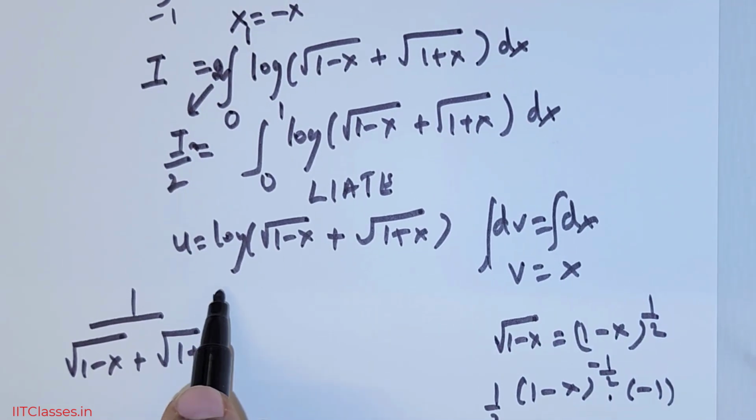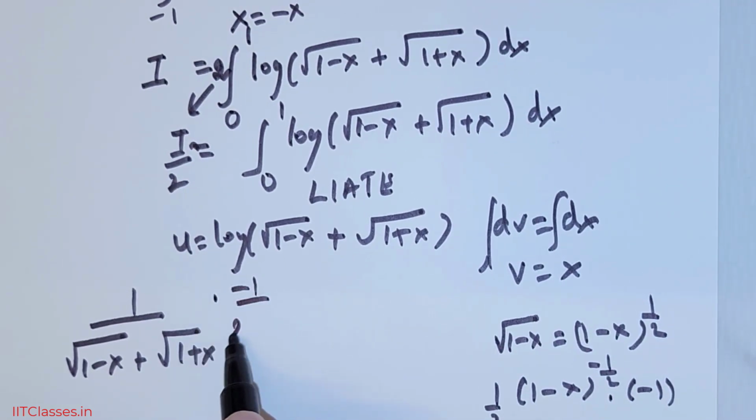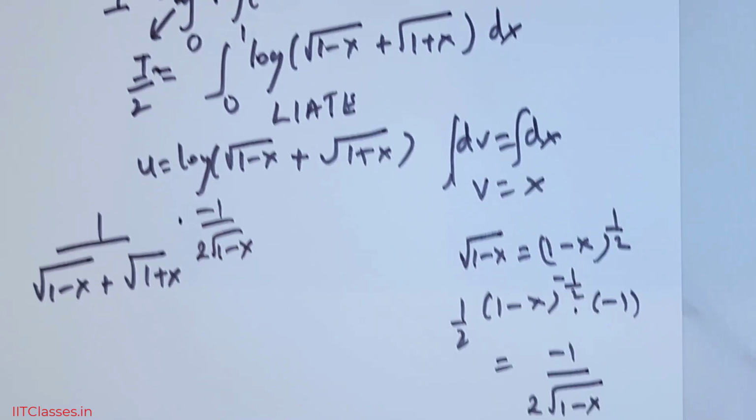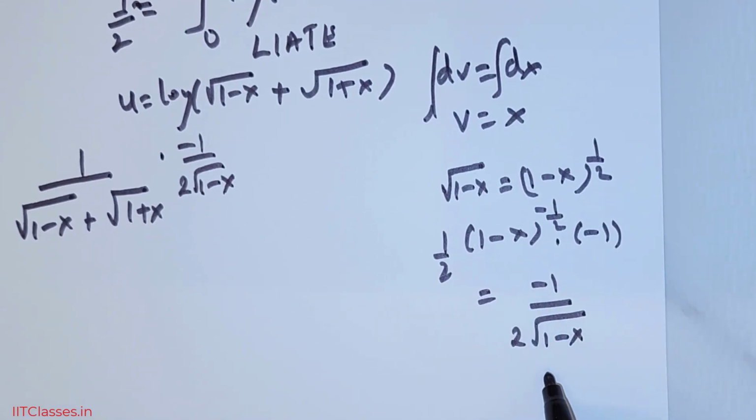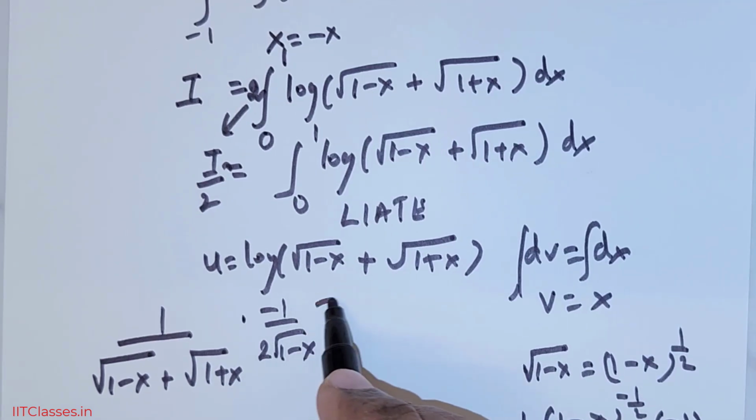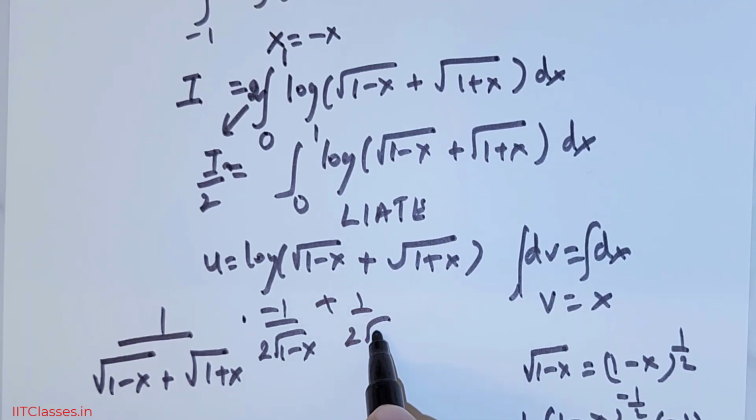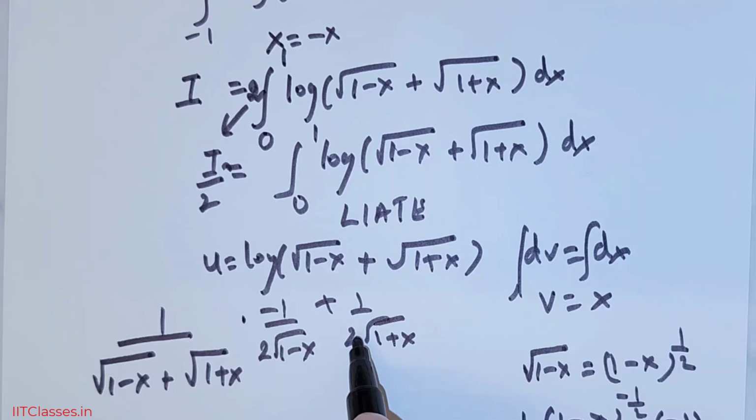This is for the first part. For the second part, you will get positive 1 over 2 times the root of 1 + x. Right, so this is what you will get.